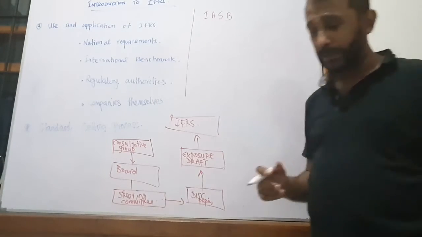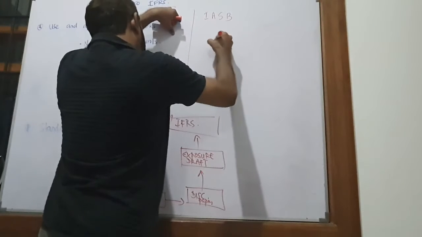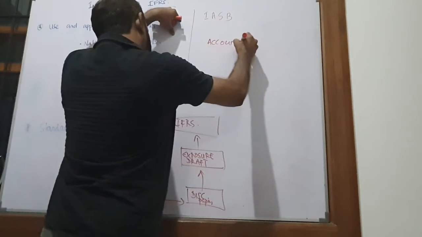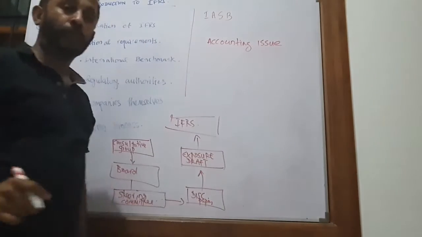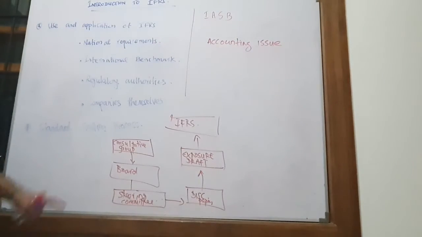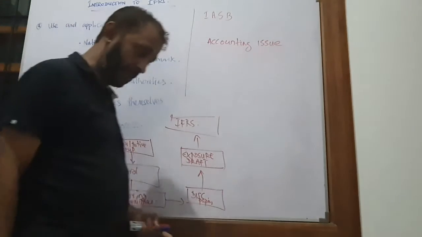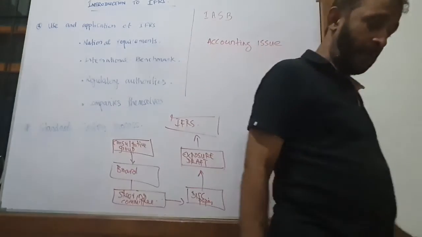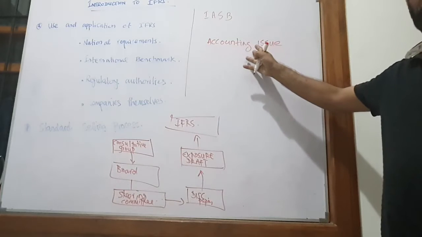To discuss a slight background, let's say there is an accounting issue. For that accounting issue, there may already be an accounting practice or a standard available, or there may be no accounting standard available.